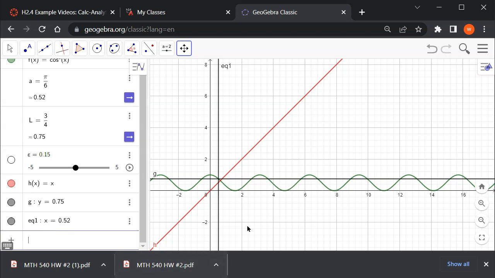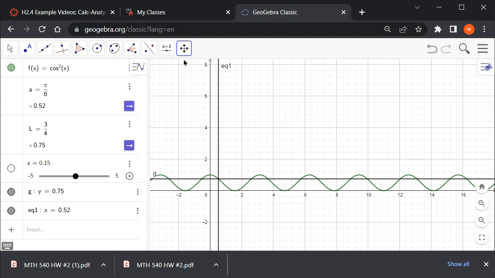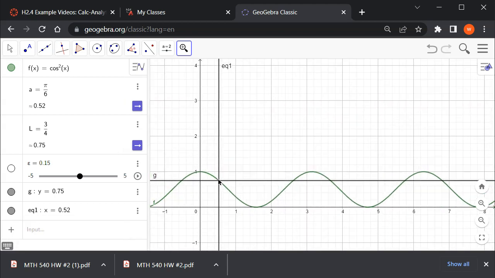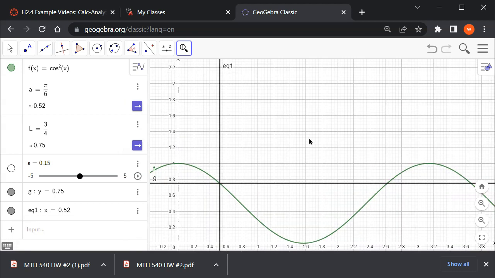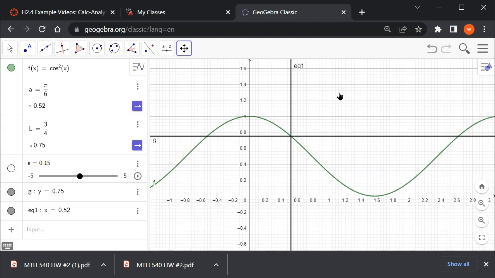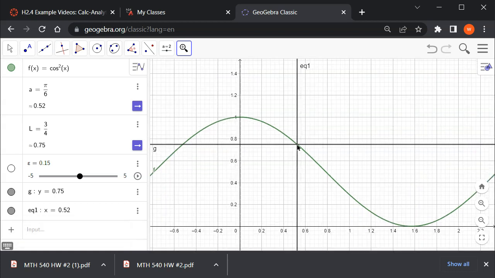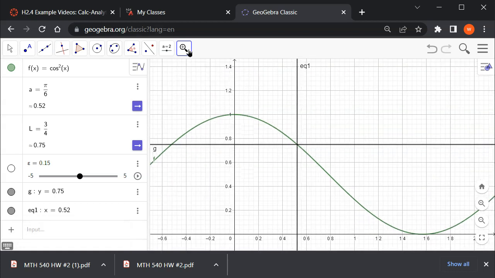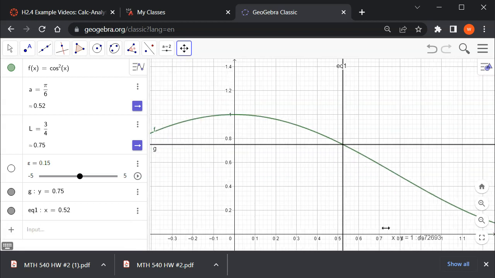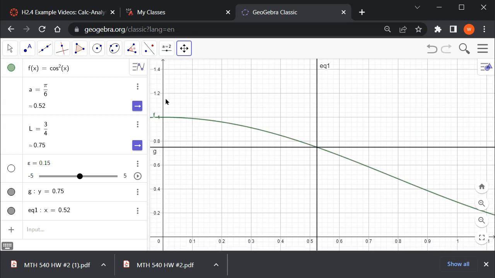I have to get rid of this one. I'm going to zoom in so that we can see better. I can't move here, so I'm going to move it right in the middle, zoom in, and stretch the x-axis and then the y-axis a little bit.